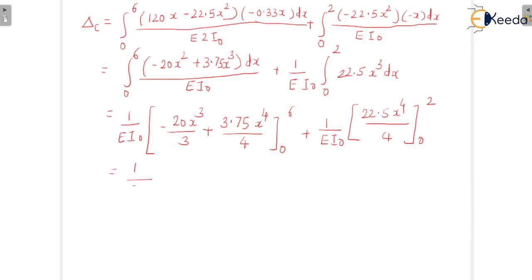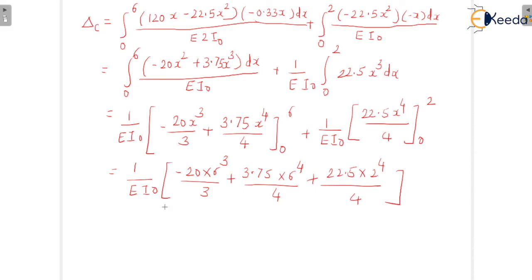So 1 by E I0, we use the limits here: 20 into 6 cube by 3 plus 3.75 into 6 power 4 by 4 plus 22.5 into 2 power 4 by 4 is equal to minus 135 by E I0. So this is delta C, that shows the delta C value.